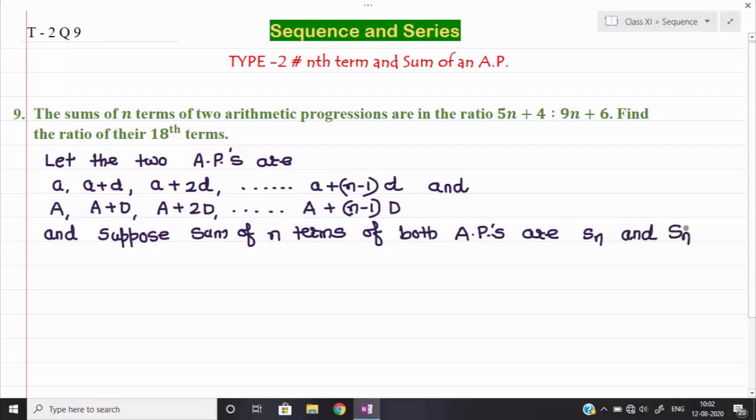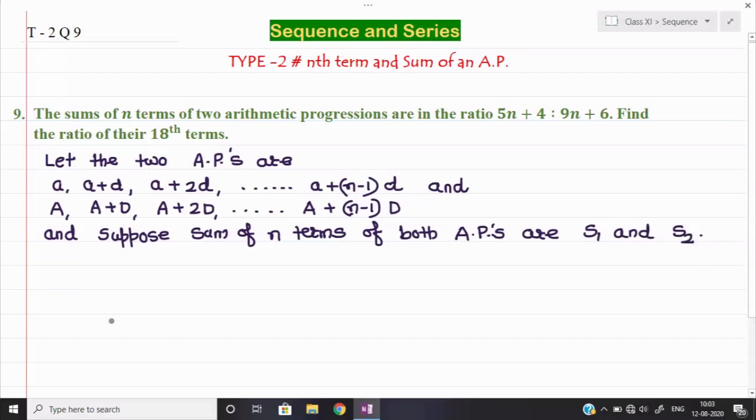You need to differentiate them by the size of the s, but it looks the same, so we'll do one thing: we shall suppose them as S1 and S2. Somehow we need to differentiate here, so S1 and S2. Anyhow, it is just a symbol, and we are replacing its value afterwards.